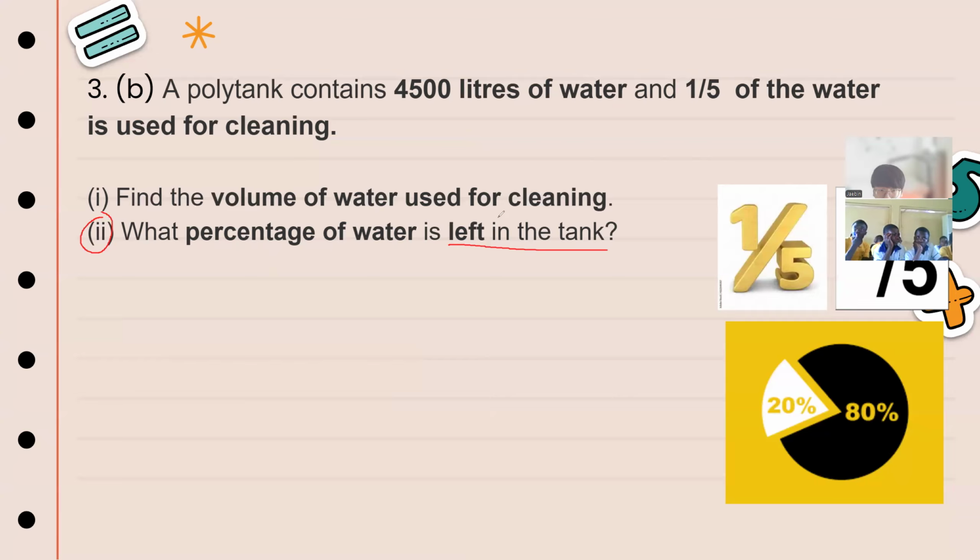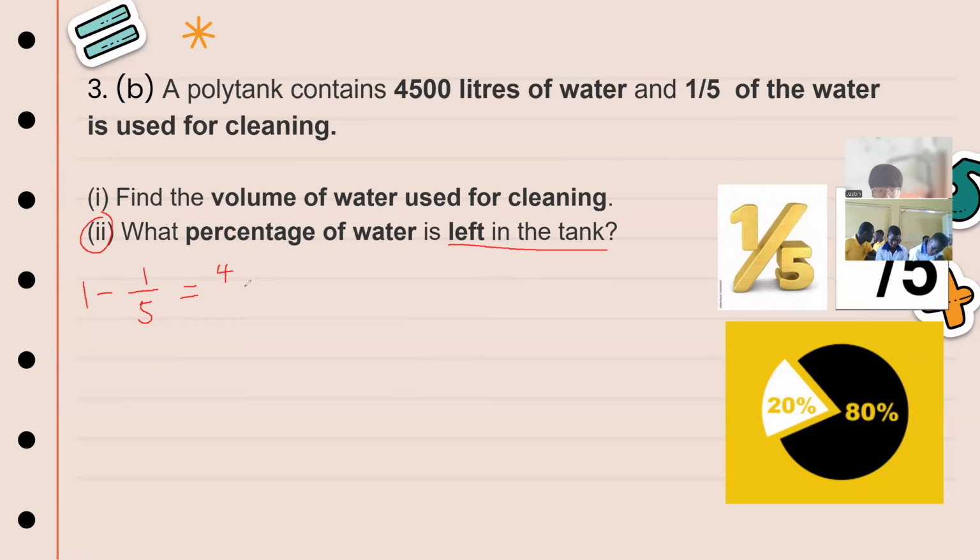So, what fraction of water is left in the tank when 1/5 was used? So 1 minus 1/5 is equal to what? What's the answer?